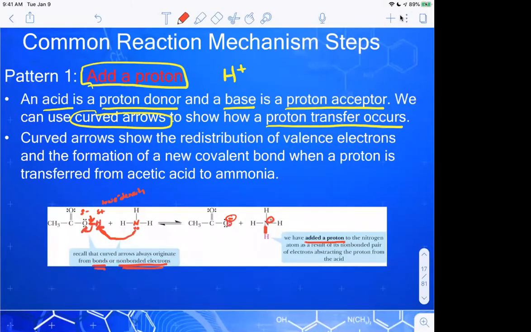You have to draw these curved arrows to explain any bond that is being broken and any bond that is being formed. And I typically will go stepwise. Sometimes this is the first step and now my products are going to react in some other way, or just one of the products is going to react in some other way. So this is pattern 1, which is adding a proton.